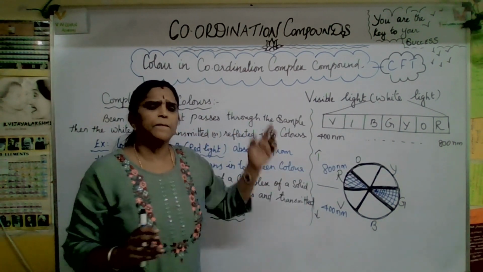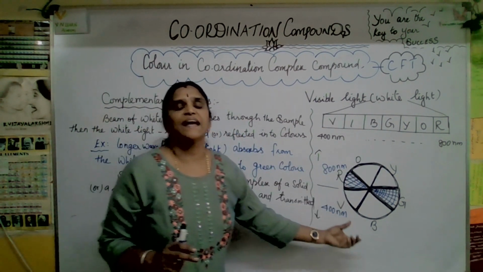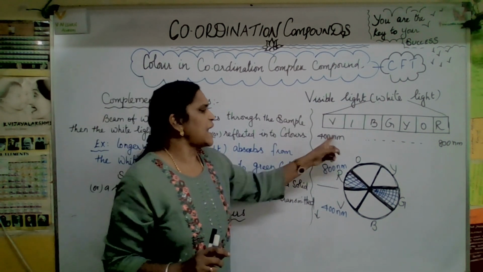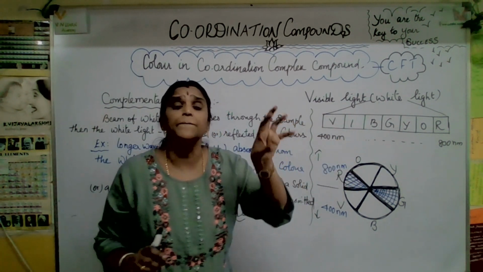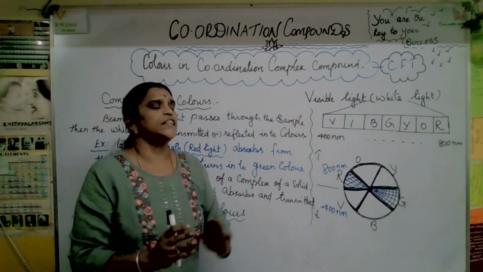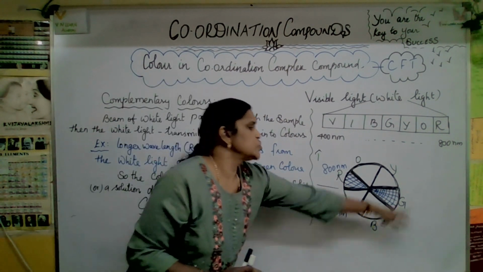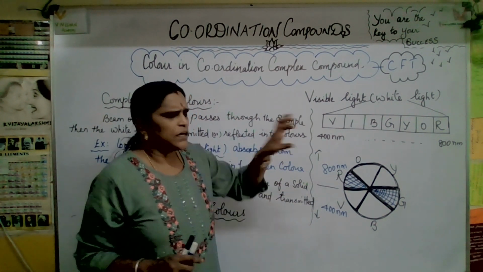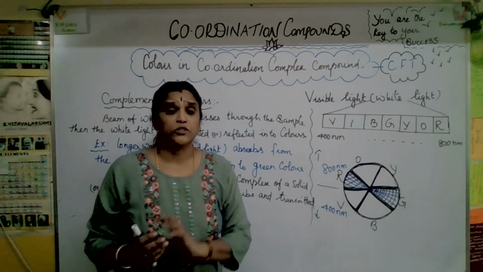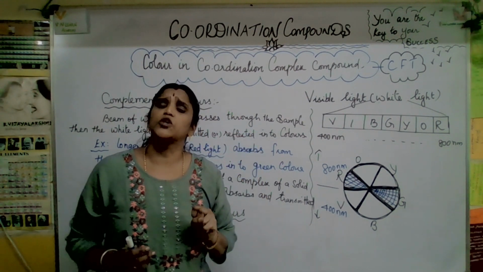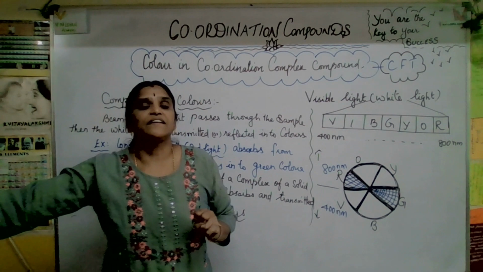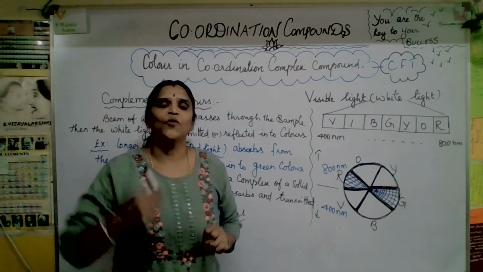For you to remember, I just made it as a chakra. In that chakra, I have mentioned only the main important colors, from lower wavelength to higher wavelength. So the coordination complex compound absorbs the white light at a higher wavelength and transmits a lower wavelength.